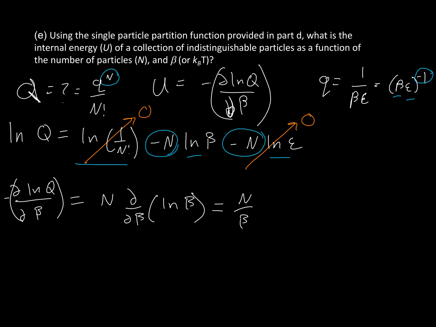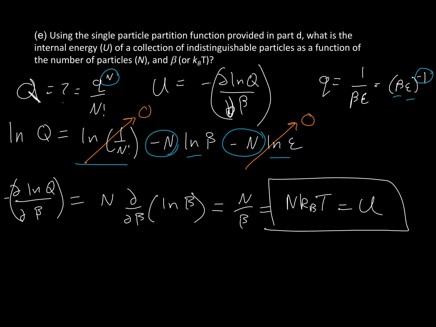So we get n over beta, which is equal to n kBT, which is our internal energy.